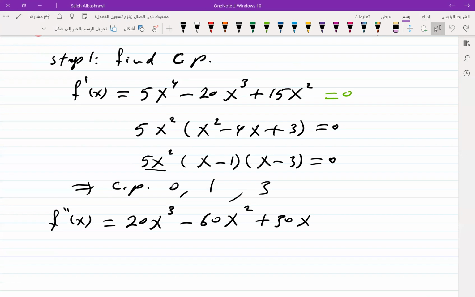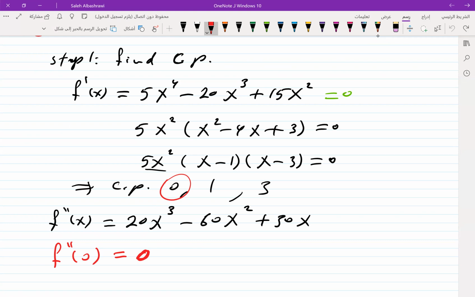Now I need to find the value of the second derivative at each one of the critical points. So I need to find the value of the second derivative at 0, when x equal to 0, which is the first critical point. You can see by the substitution, replace x by 0, I will get 0.